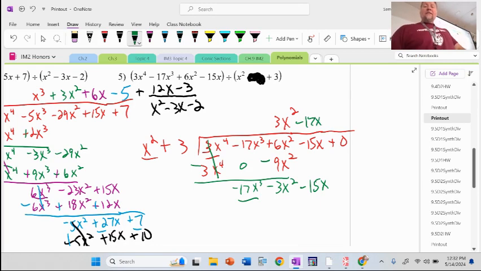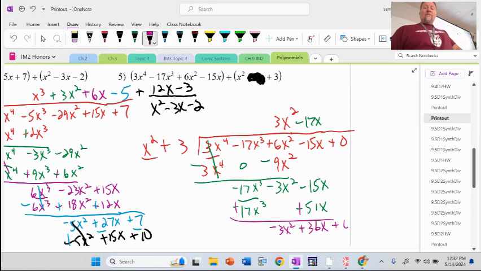So this becomes negative 17x cubed, but then we skip. This is negative 51x. But we subtract. Don't forget the negative 3x squared. And then 51, 41, 36.